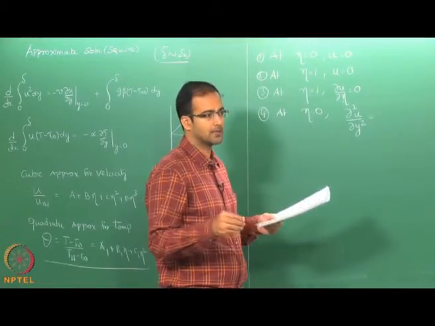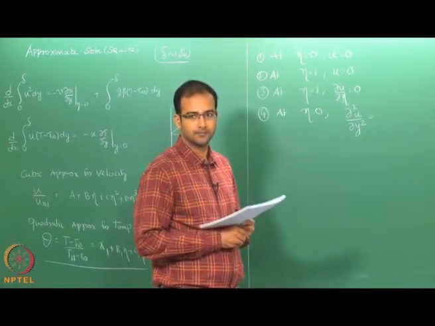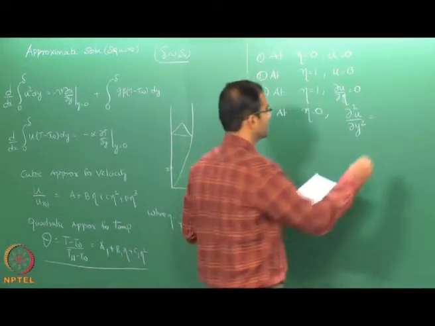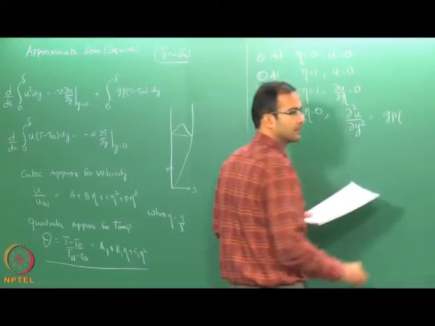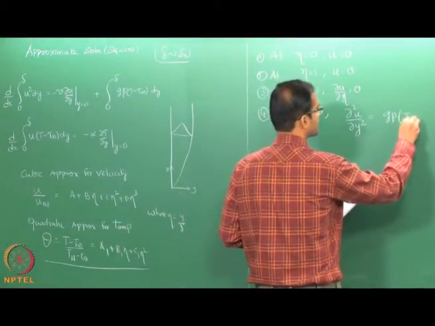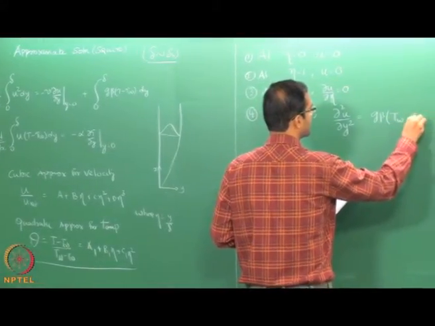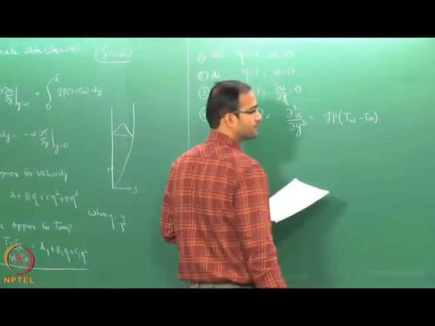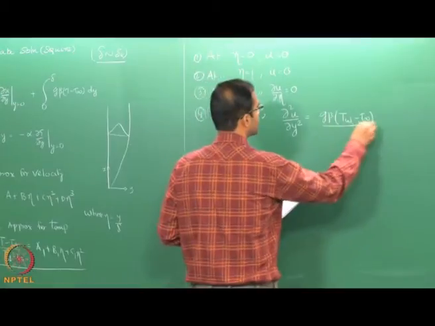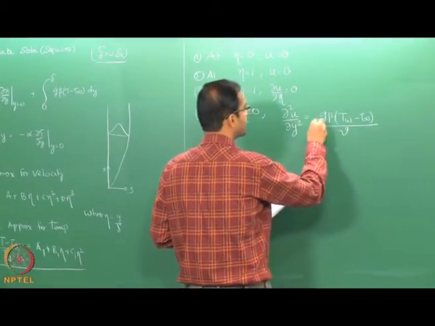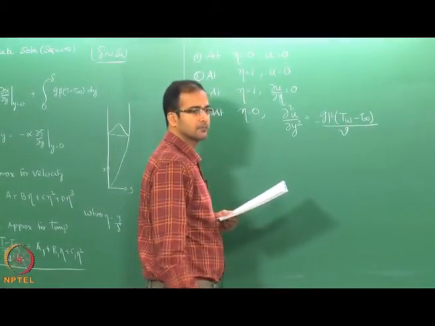From the momentum equation, tell me. g beta into T wall minus T infinity by nu, and then minus sign.